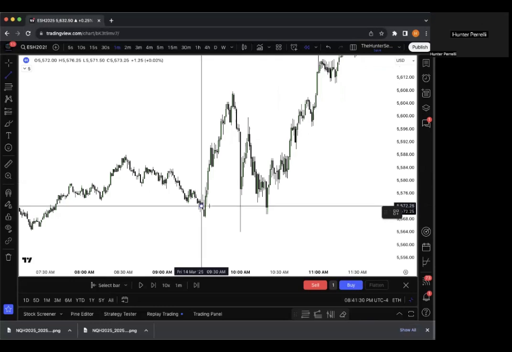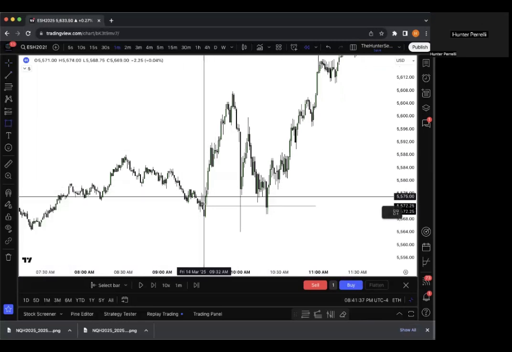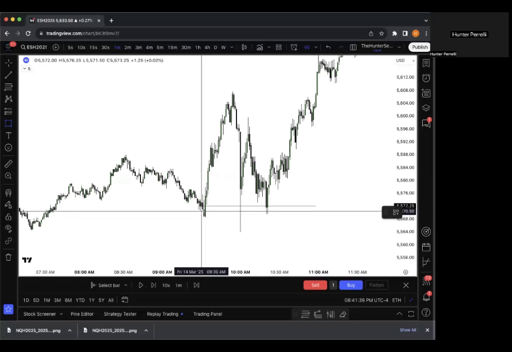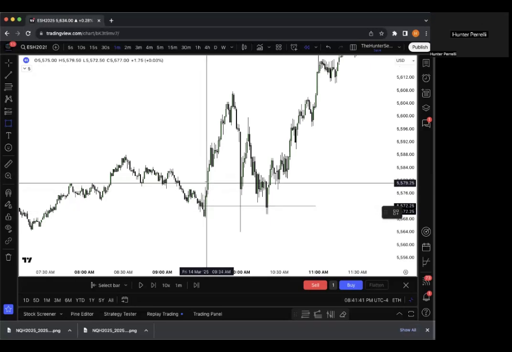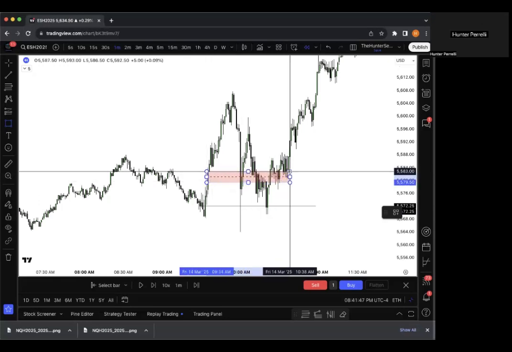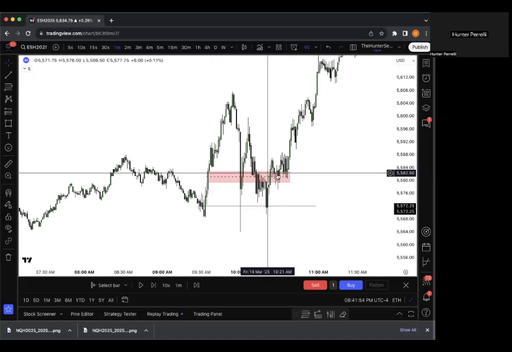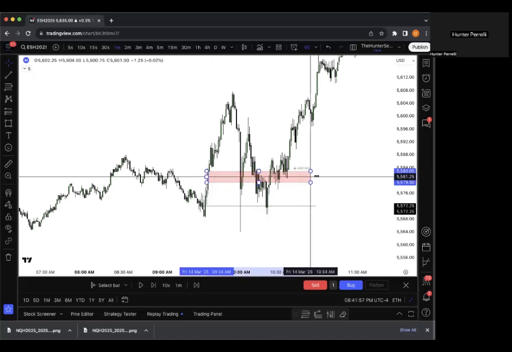I try and keep fewer things on my screen, but I'll note it here. And then first presentation, right? It can't be 9:30. There are no gaps. The first one is right here at 9:35. Since there's no wick on 9:36, I'll just put it to that opening price and drag it across.